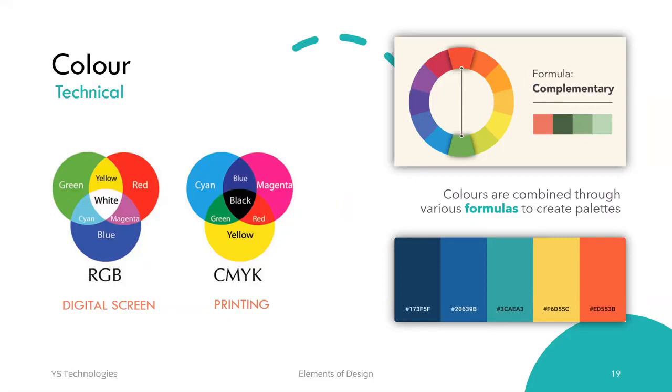There are other formulae like a tertiary, or choosing colors that are synonymous, that are closer to each other rather than opposite. And they can even be custom. We will get into detail about generating color palettes in a later session.